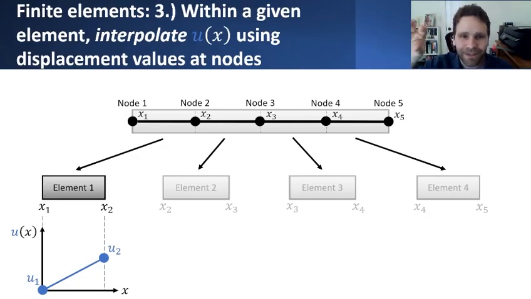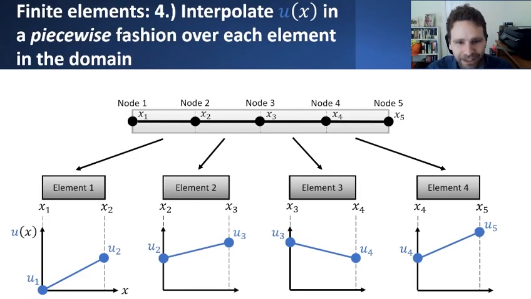Same thing, the displacement at node 2 should be the value of the displacement field evaluated at x2. So to do that, I need to have a function that in some sense interpolates the values at the nodes within a given local element. And I can do this in one element. I can do it basically independently in all of the elements in this domain.